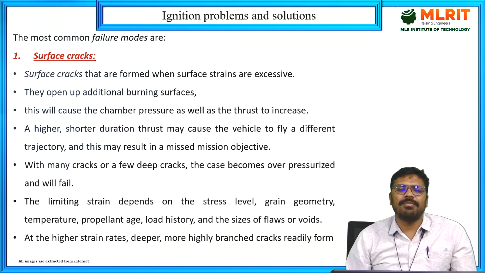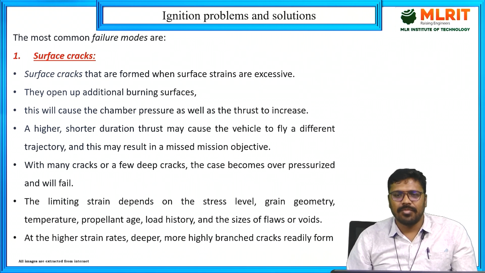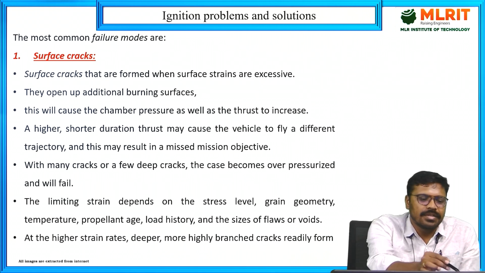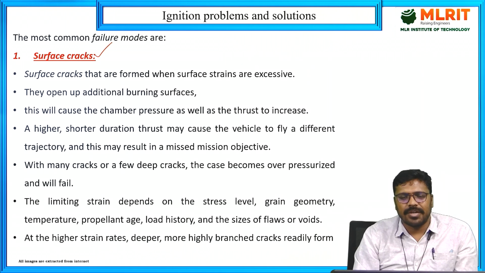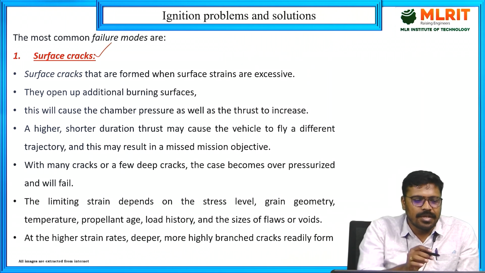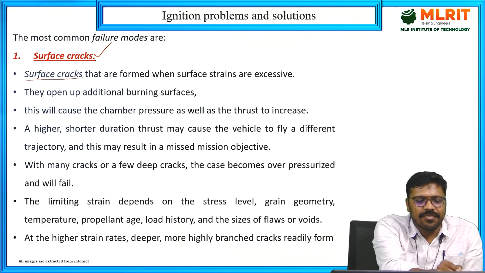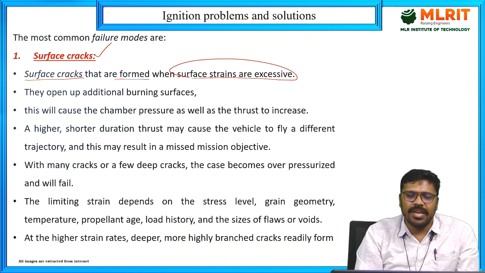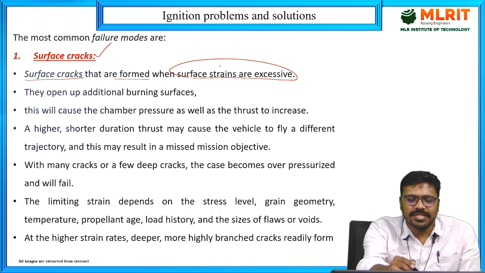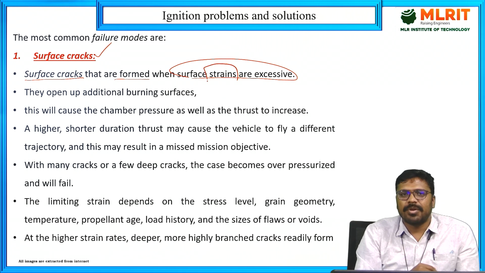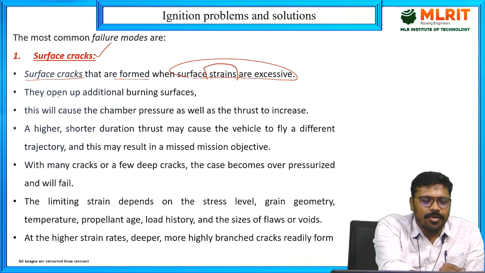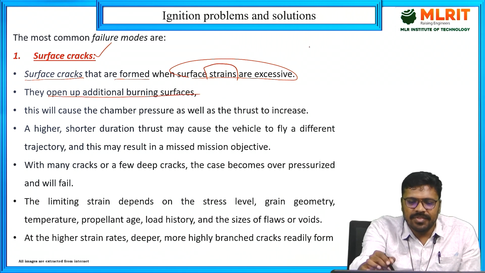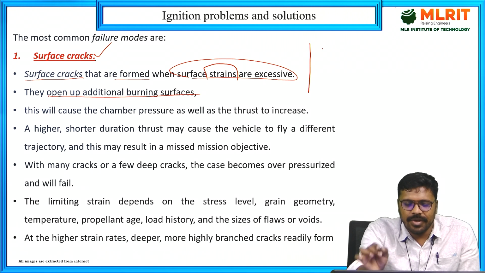The most common failures occur due to surface cracks in the solid propellant grains. So what are surface cracks? Surface cracks are formed when the surface strains are excessive. When the strains developed in the propellant grain are excessive, cracks open up additional burning surface. If the surface is smooth, it is fine.